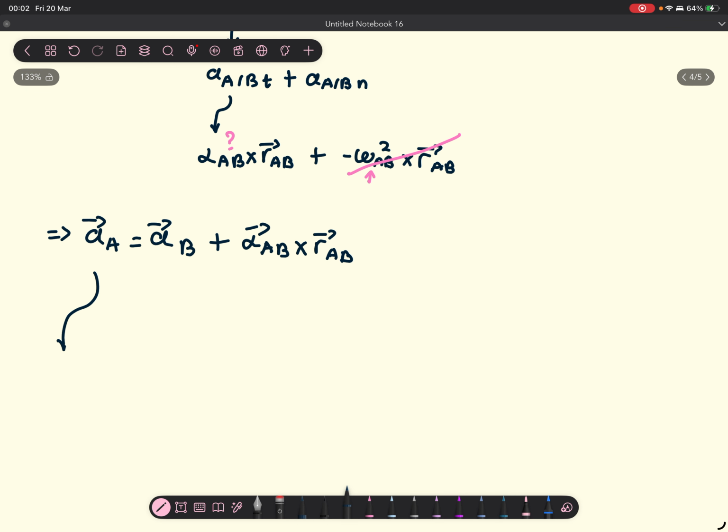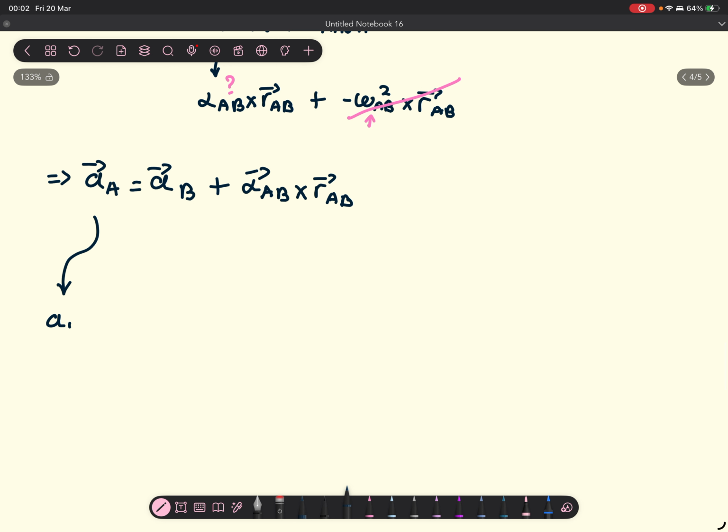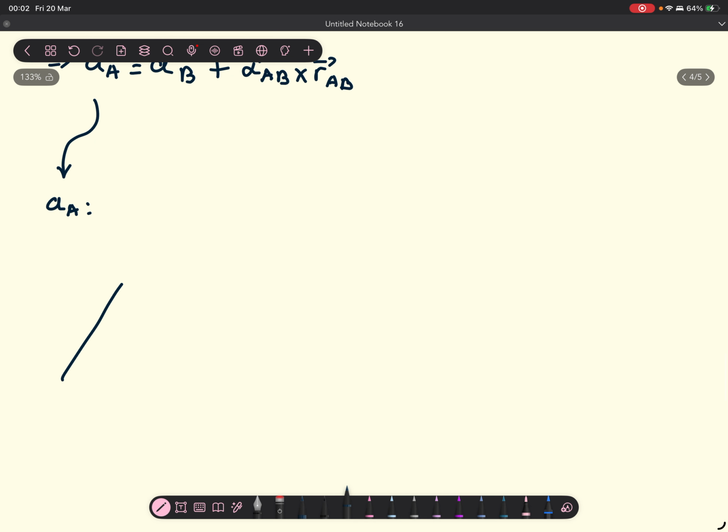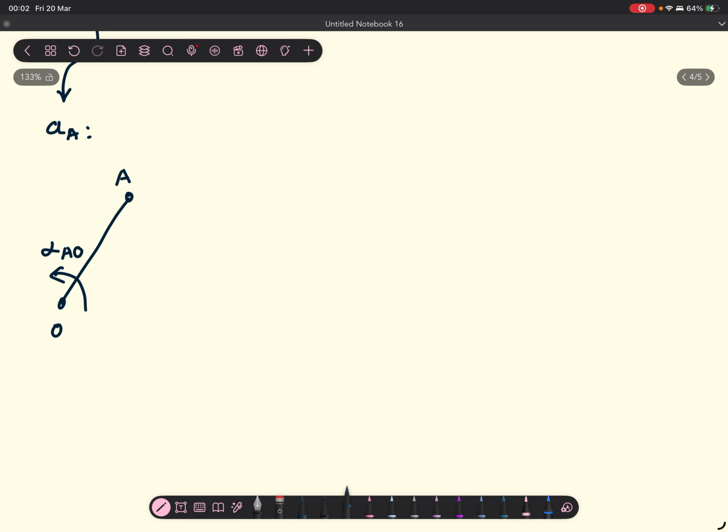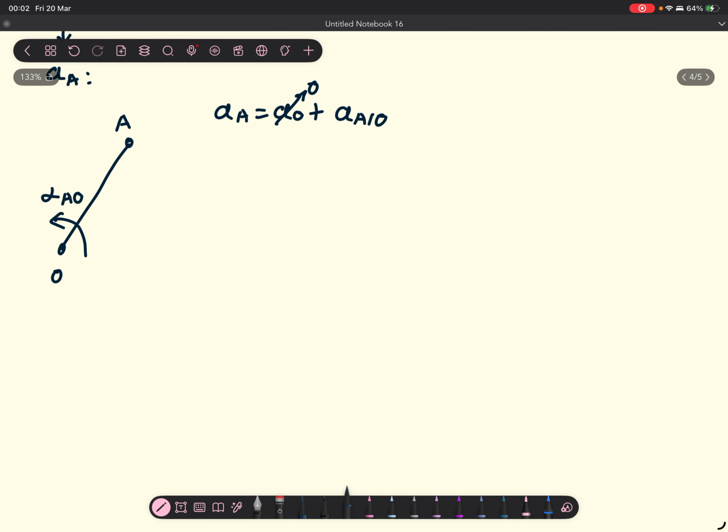So let's try and find acceleration of A. If we look at AO, we're given the angular acceleration of AO, and we can write the relative acceleration equation. So acceleration of A is equal to acceleration of O plus acceleration of A relative to O. O is a fixed point, so it's not accelerating.